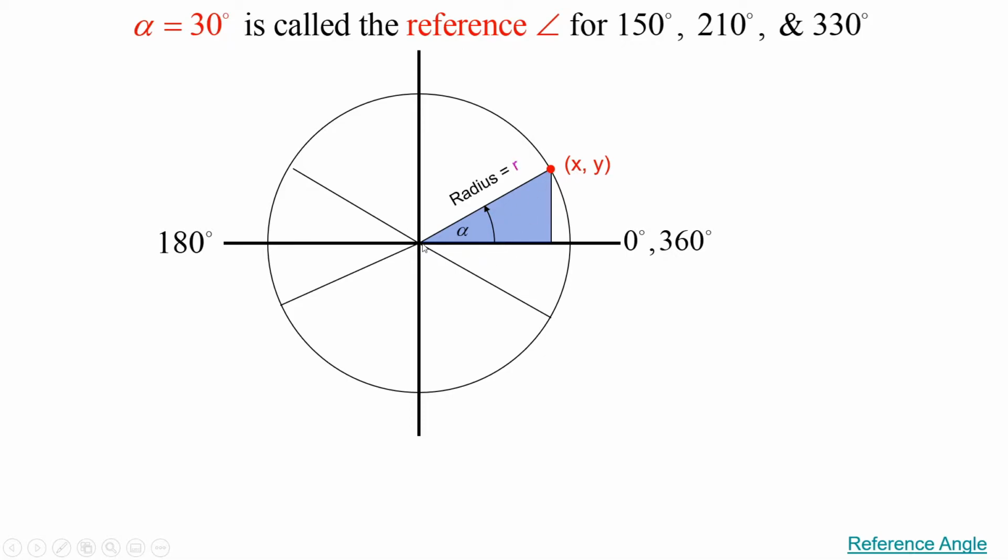And then this adjacent leg right here, we call that adjacent because it is the initial ray of my angle alpha. The adjacent leg is x. And then this leg is called the opposite leg because it's opposite of angle alpha. And that's my y. All right, so look at everything I have right here. That point, x comma y, and then I have this radius of my quadrant 1 right triangle r.